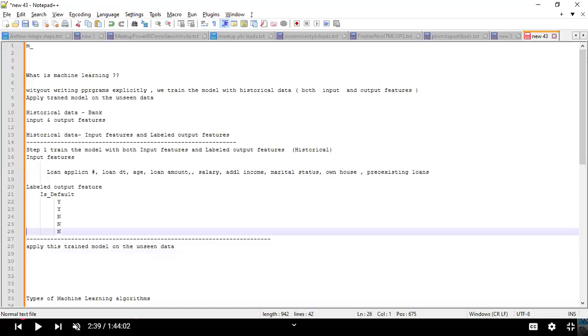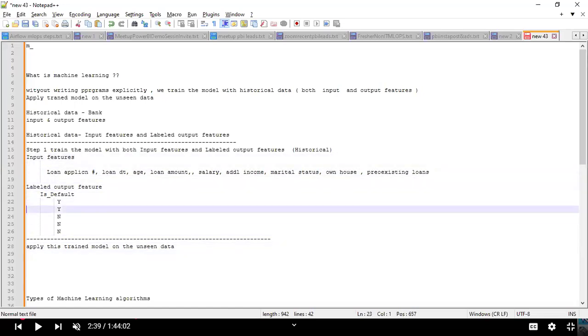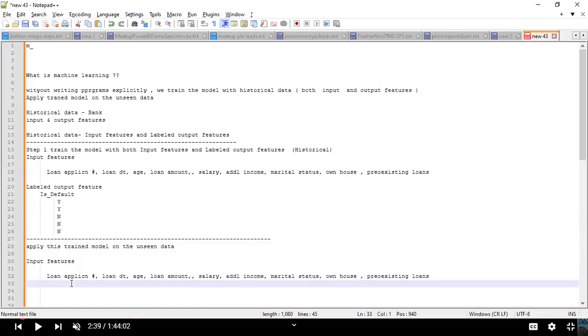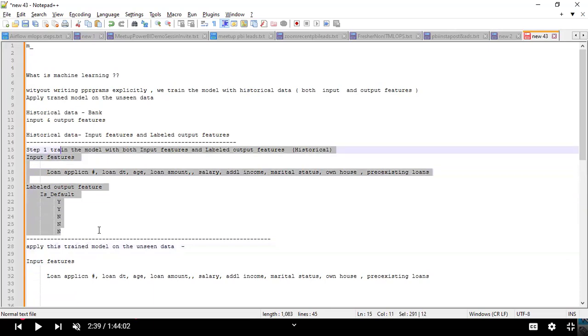So what is in the unseen data? The unseen data contains the same input features, but it will not contain the output feature. The classic example is new customers. These are the past customers, how much money they borrowed and whether they made the payment or not.